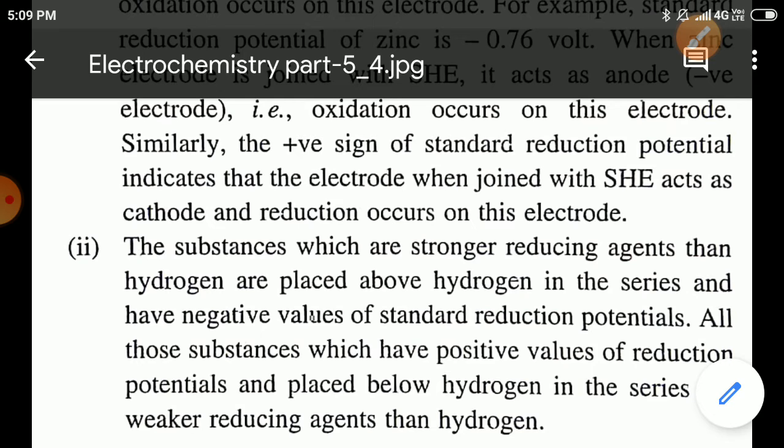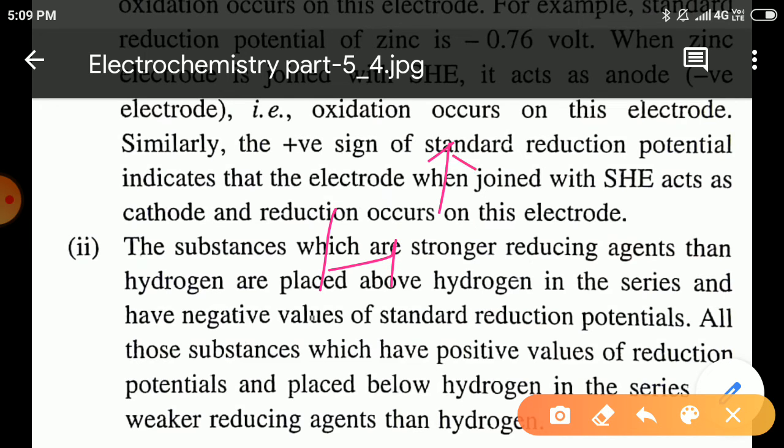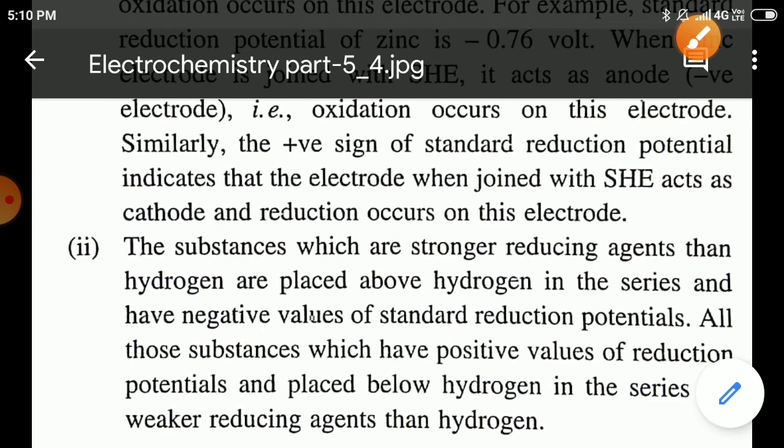In the electrochemical series, with respect to hydrogen, we take the elements containing negative reduction potential above hydrogen in the series, and the chemical species having a positive value of reduction potential are placed below hydrogen in the electrochemical series.